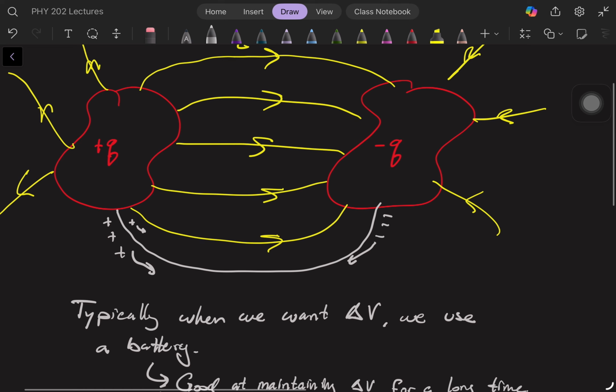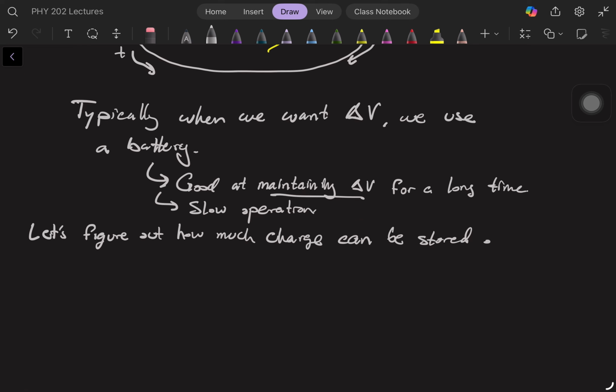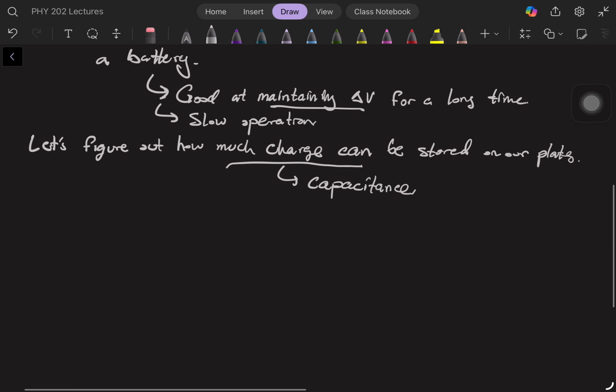Even if they're not plate shaped, we always call the two sides of a capacitor the plates. And this concept of how much charge can be stored is called the capacitance.